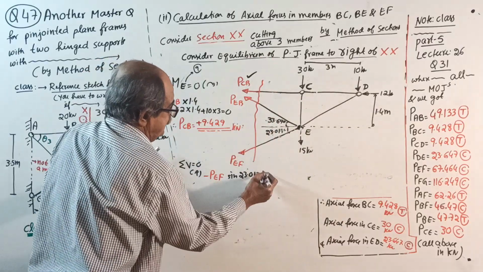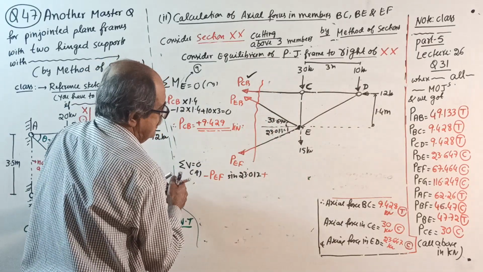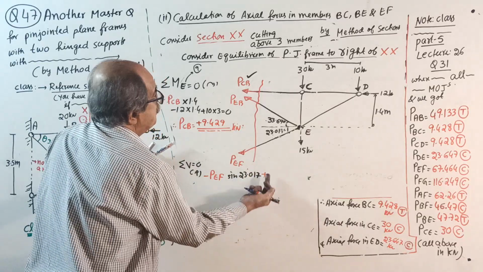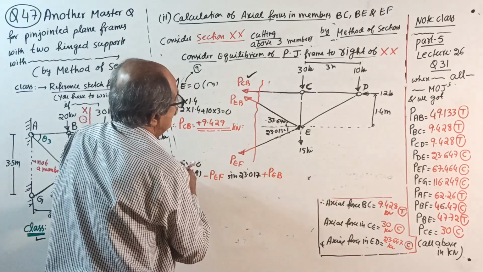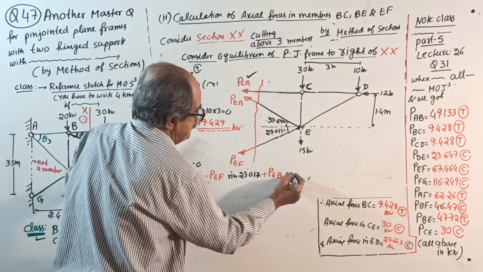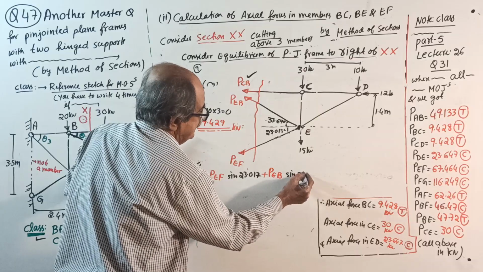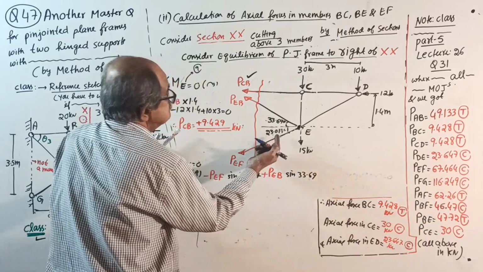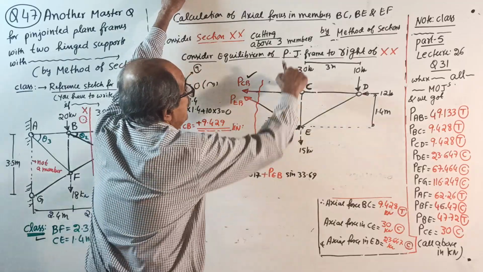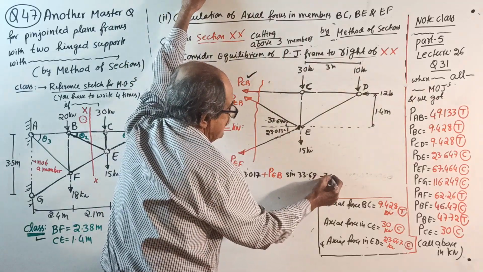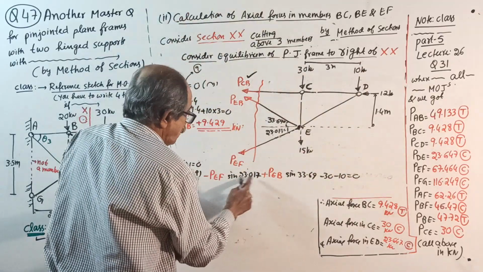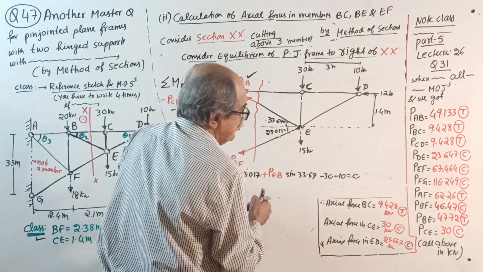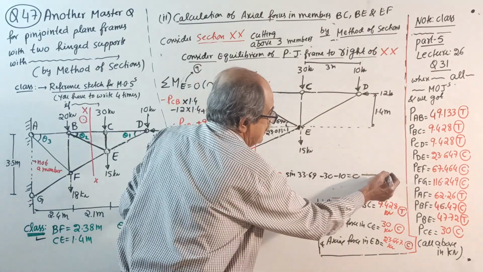Again plus, 0.17, plus P EB sine of 33.69. Then this minus 30 minus 10 equal to 0. Both are unknown. You call this equation number 1.